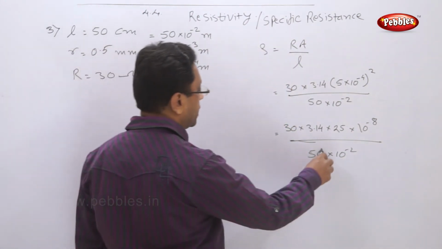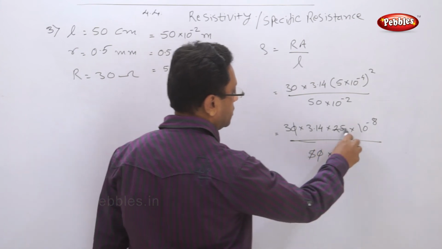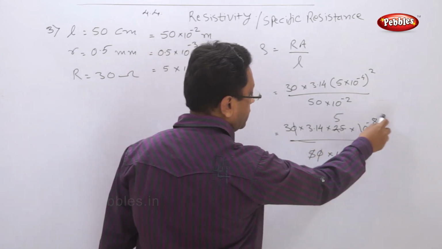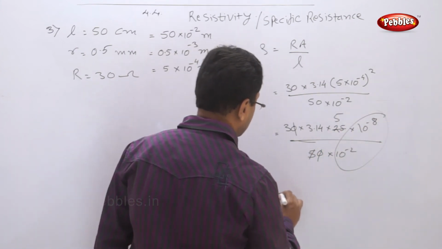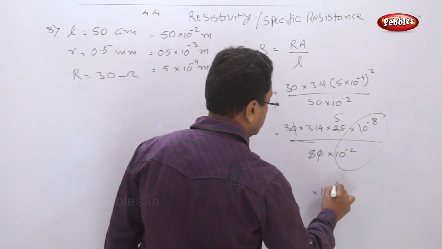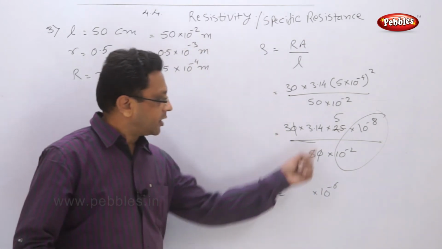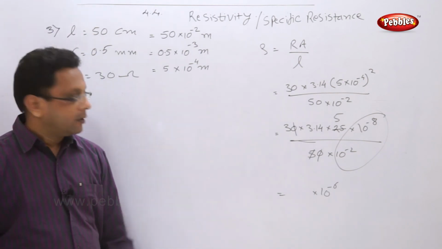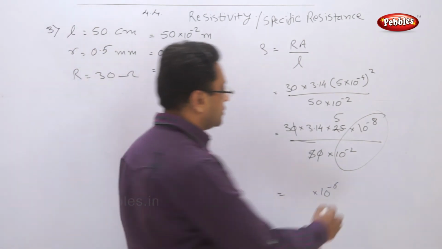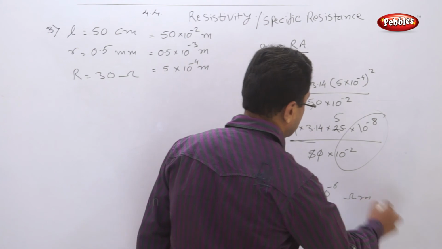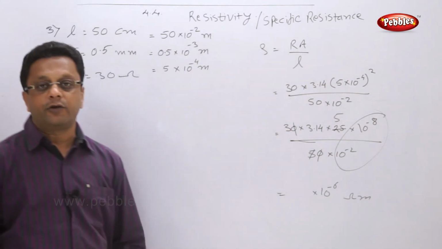You have to do all these calculations, and this figure will get 10 raised to minus 6. So just calculate this, into 10 raised to minus 6, in ohm meter. Don't forget to write the units.